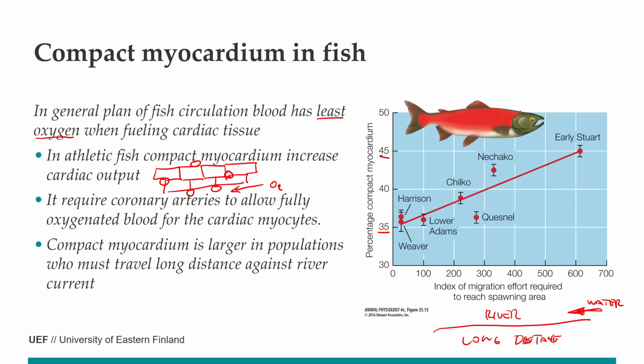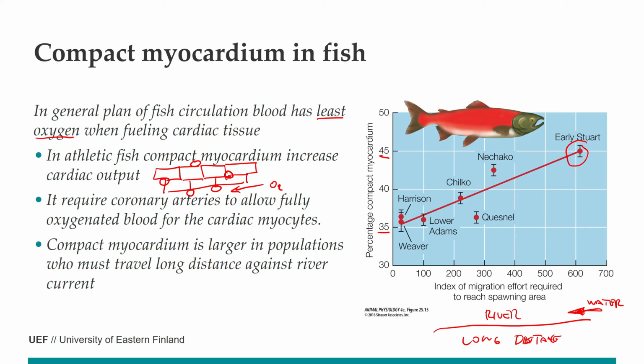So for example, this population over here travels maybe a little bit over 100 miles, but at the same time it must use much power to swim against this river current, because in this river there was a huge current in the springtime, and therefore it needs more compact myocardium.